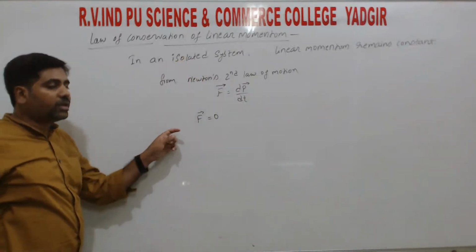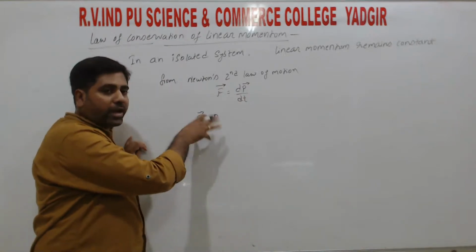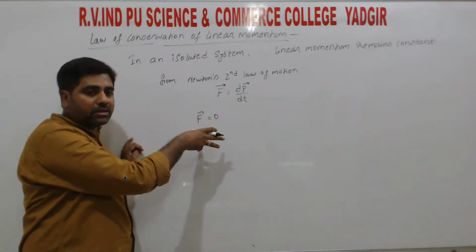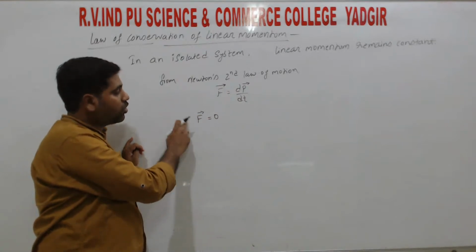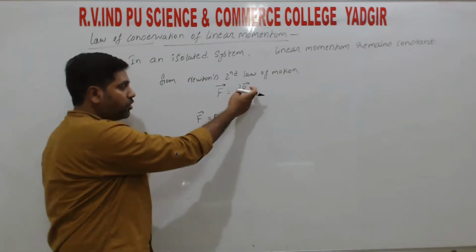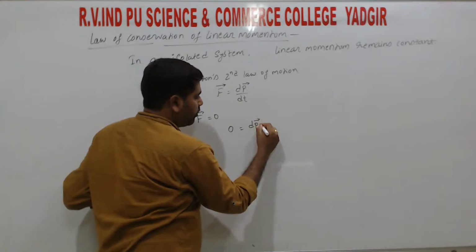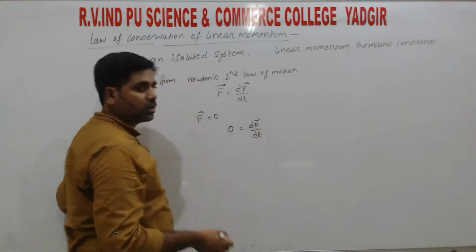So isolated system means if we consider any one object, there are no external forces acting on that system, right? In that case we call it an isolated system. So F is equal to 0, then the equation becomes 0 is equal to dp by dt, right?